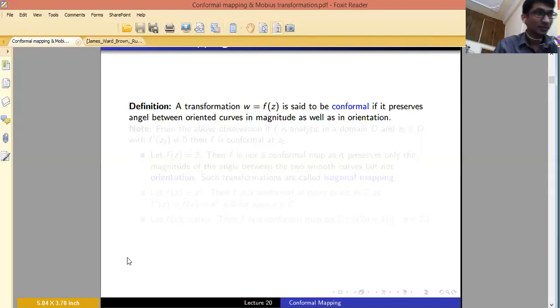A transformation w equals f of z is conformal if it preserves the angle between oriented curves in magnitude as well as orientation.